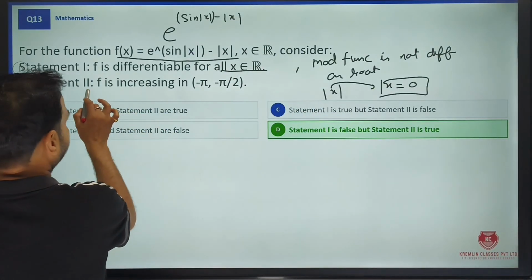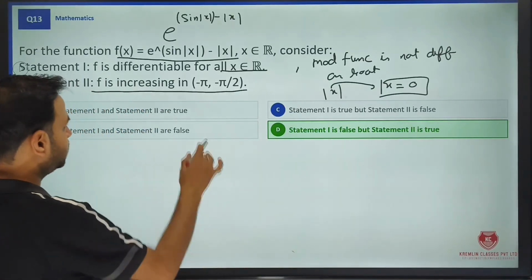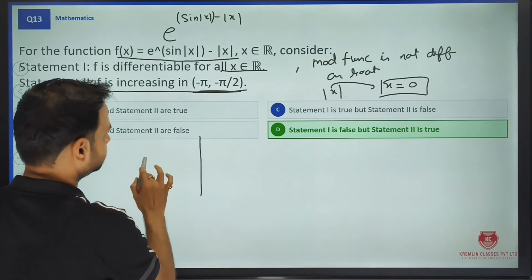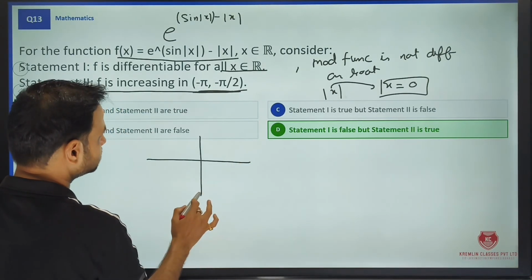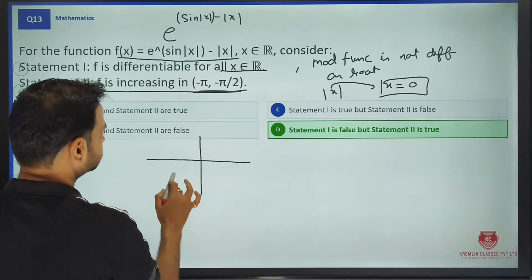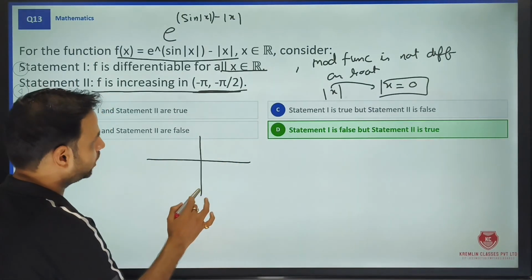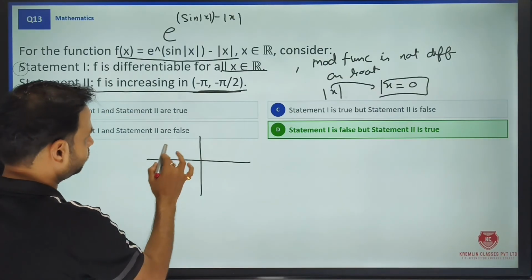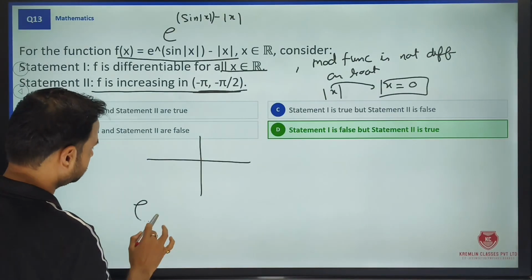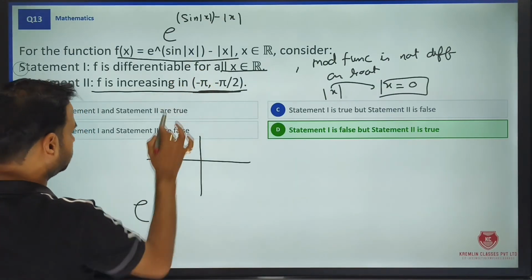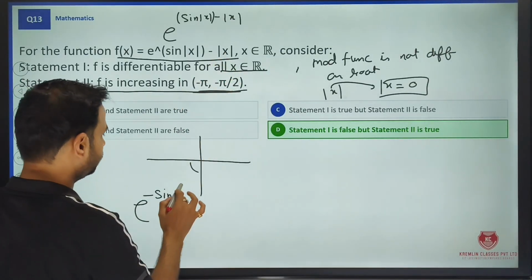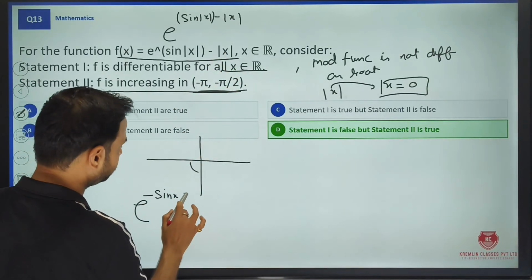In the second option, f is increasing. We have to see whether it is true or false. For this one, this is basically 0, minus pi by 2, minus pi, minus 3 pi by 2, this quadrant. This is e to the power minus sin x. In this quadrant sin is negative and |x| will also be negative, so plus x.